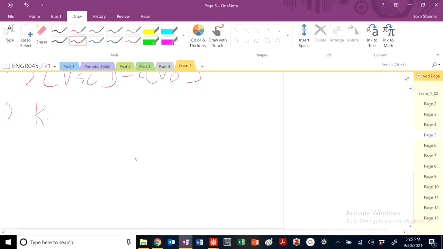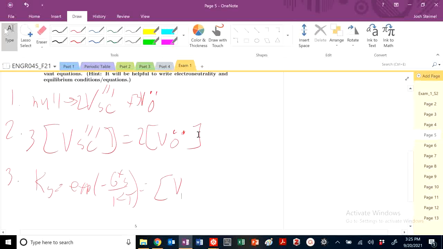So my equilibrium constant Ks equals exponential of minus G formation of Schottky over kT, which is equal to the concentration of vacancies of scandium squared times the concentration of oxygen vacancies cubed, products over reactants.